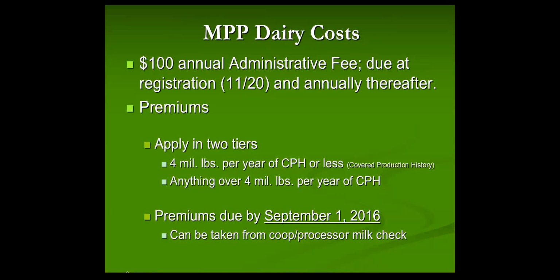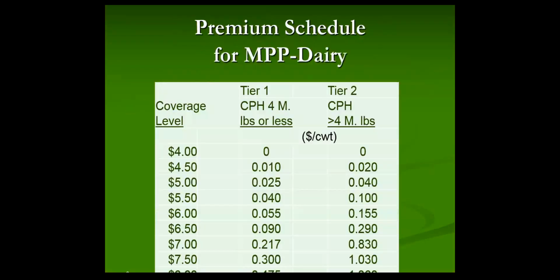Those premiums are due September 1 of the 16th, so it can be a ways off. And it also can, which is fairly new, be taken from your milk check, and the co-op can actually write the check or transfer the money to pay for whatever level that you choose. Let's look at some of those different tiers. Notice the $4 level, the cost is zero. It's just a $100 administrative fee, so to speak.